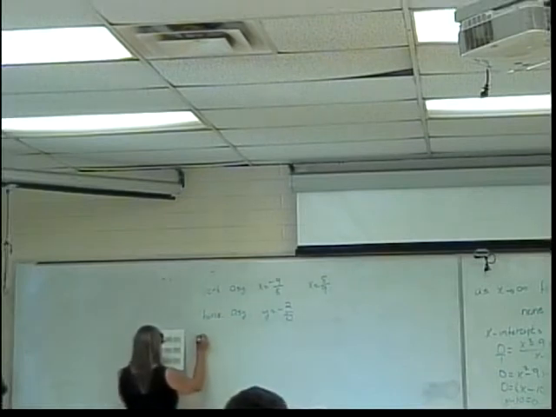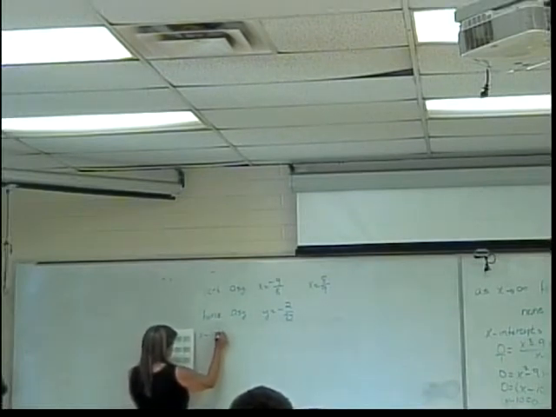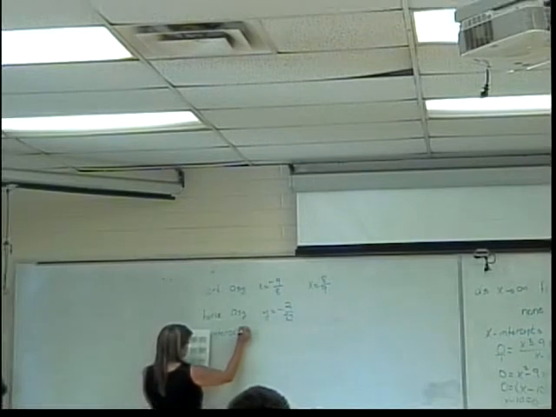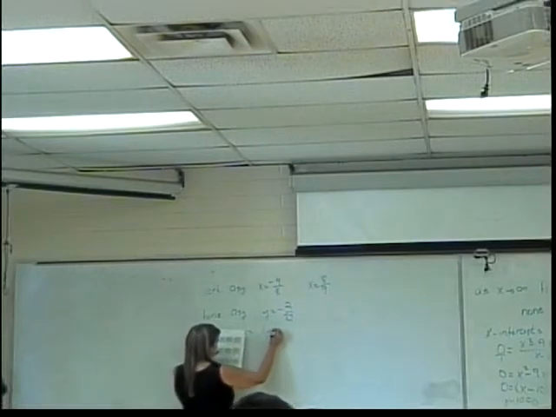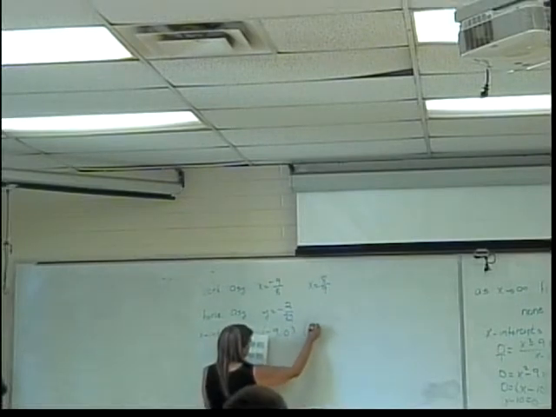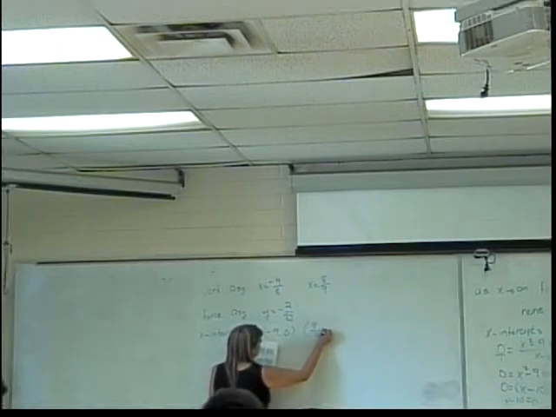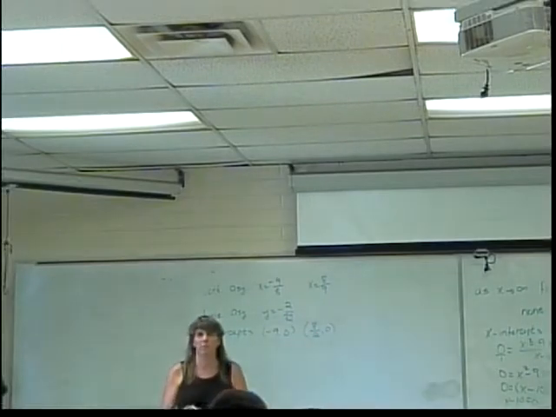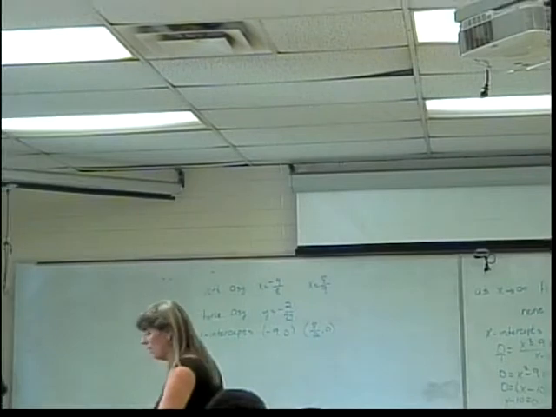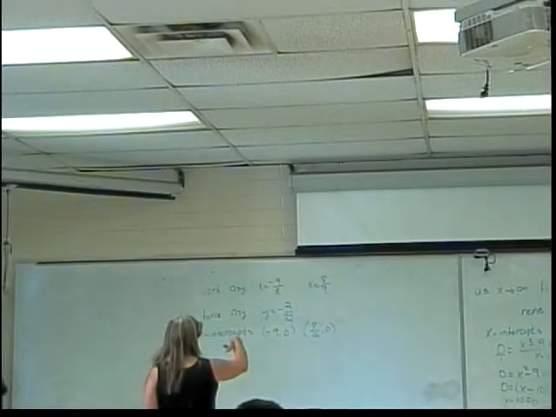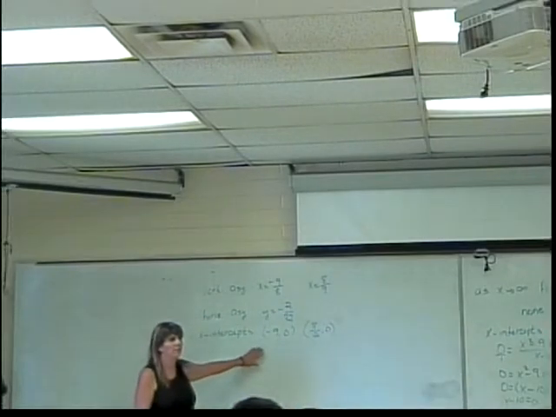And it has x-intercepts at (negative 9, 0) and (8 halves, 0). I know that's 4, but bear with me on the 8 halves. There's a reason for this.